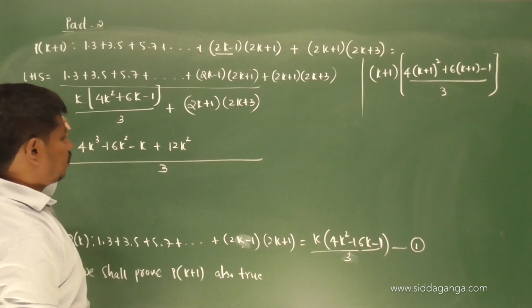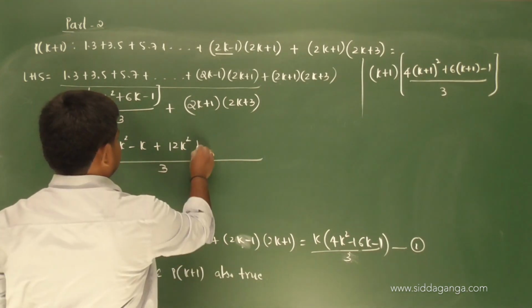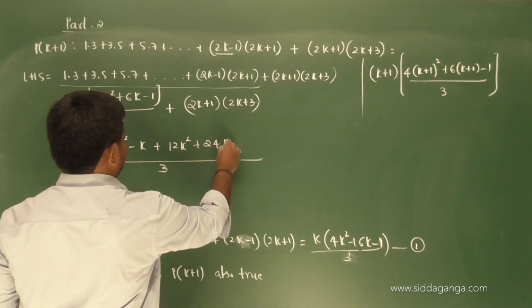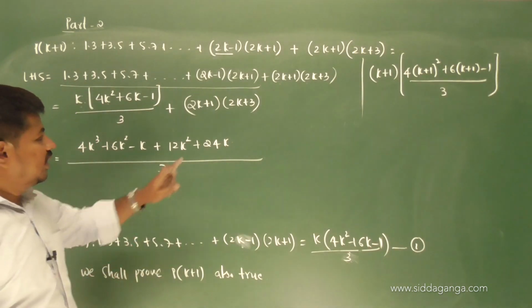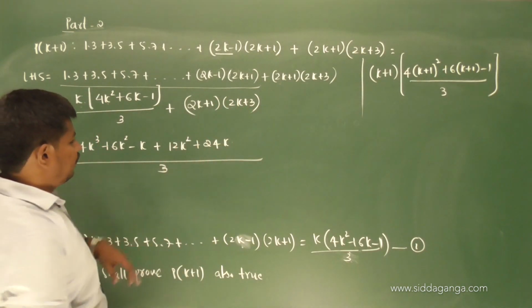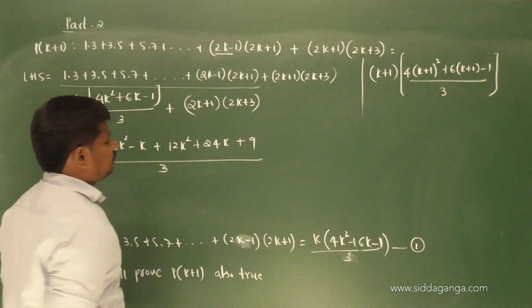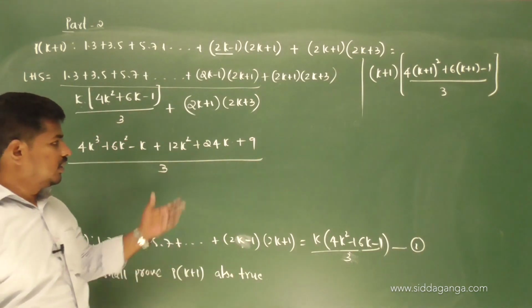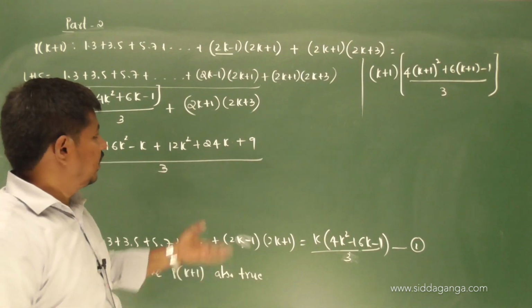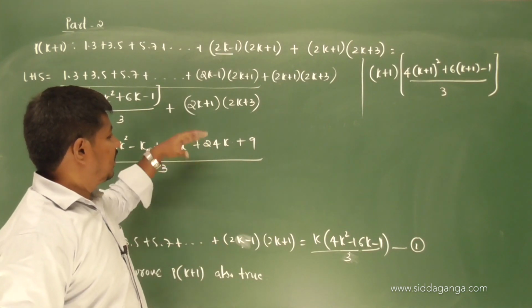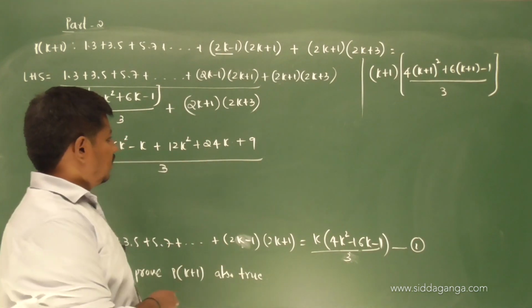So 6k plus 2k is 8k, 8 threes are 24k. And here 1 into 3, so 3 threes are 9. Hope you are good in simplification, students. I skipped one step.